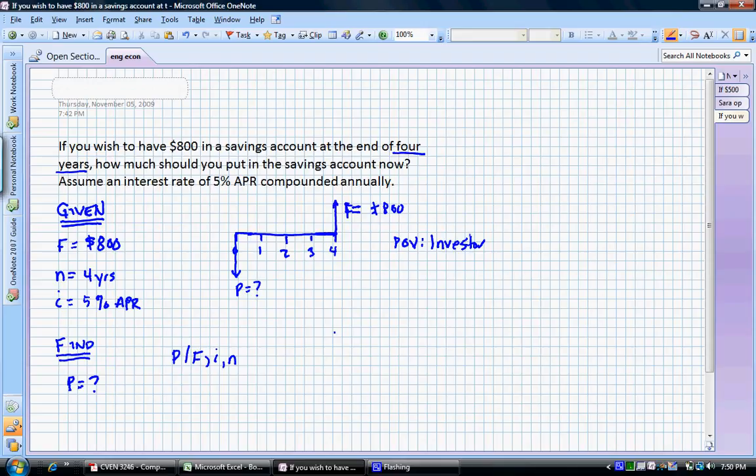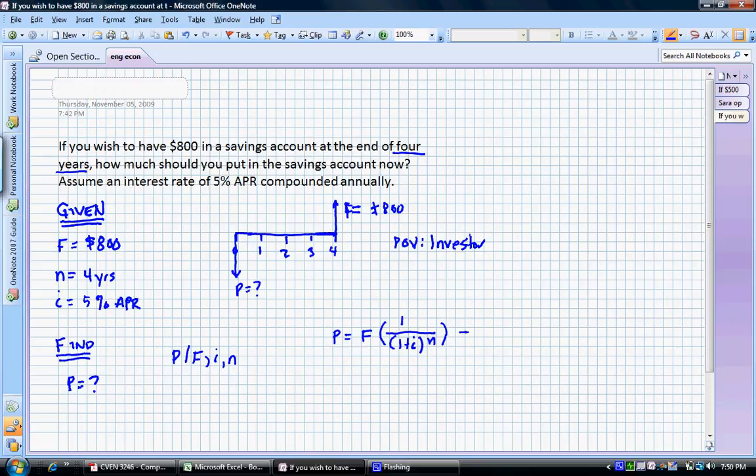Now using the equation, we're just going to say P is going to be equal to F multiplied by 1 over 1 plus I to the N. Now that's a little bit messy there, so let's rewrite that. Okay, and remember that's the inverse of the F/P factor.